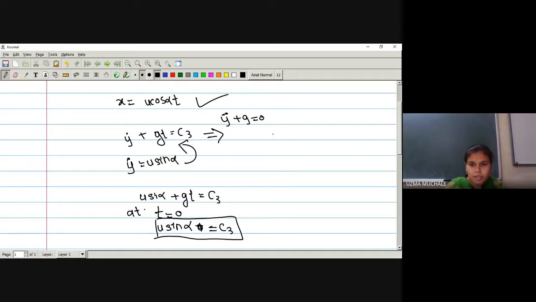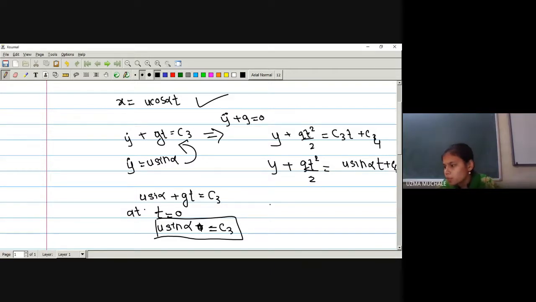If you remember equation number 5, that is y plus gt square by 2 is equal to C3 t plus C4. The value of C3 we have already found. So y plus gt square divided by 2 is equal to u sin alpha into t plus C4.